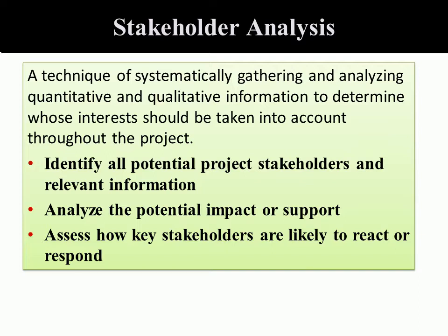So as an aid in the stakeholder analysis, let's briefly touch on these 4 grids and then go a little more in depth into the power interest grid, followed by an example.